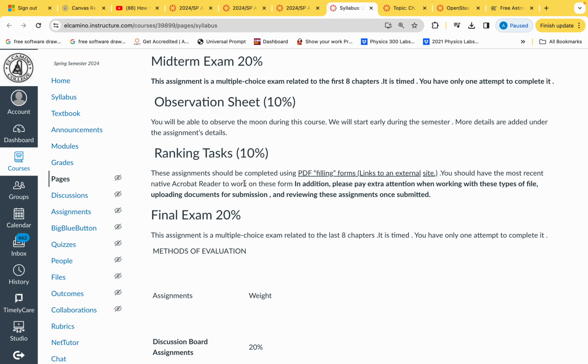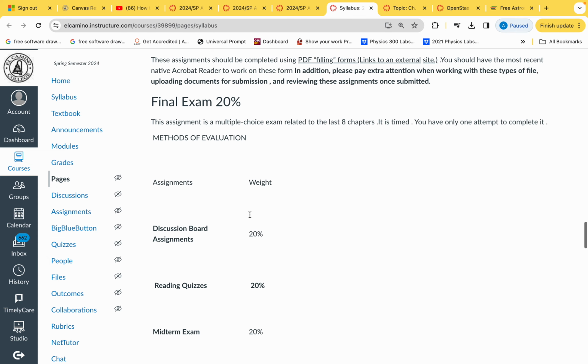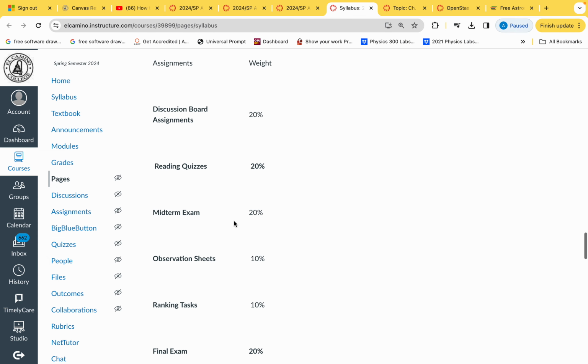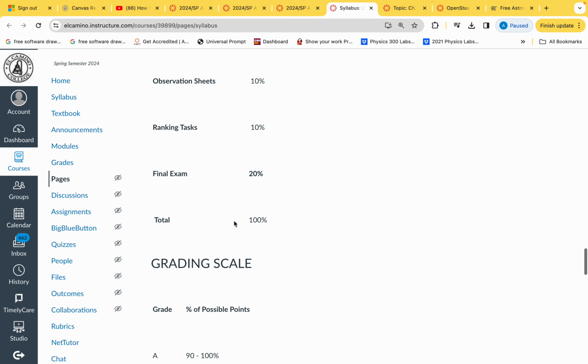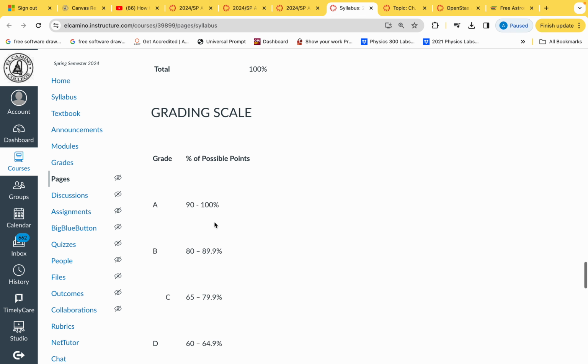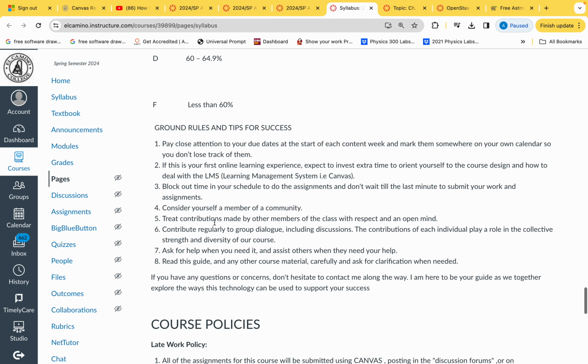One of them is motion of the sky, gravity, phases of the moon, and we're going to have four of them, and they are going to be weighted 10%. Of course, we have a final exam, and this is how you are going to be graded, and this is the grading scale.